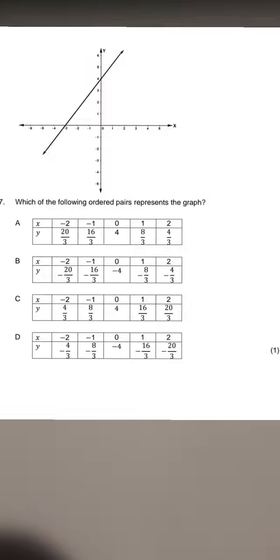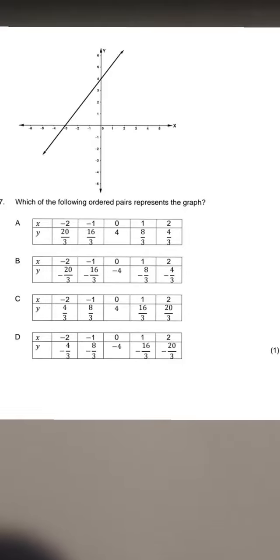When you divide 20 by 3, do you get a y value that is between 1 and 2? Is 20 divided by 3 a y value that is between 1 and 2? Because we know that our y value should be positive when x is -2.